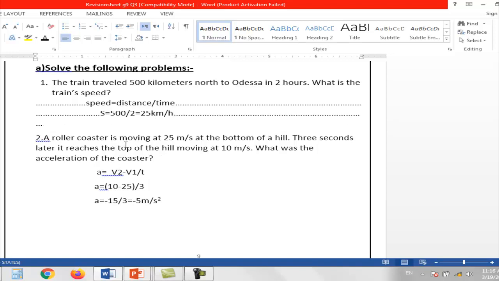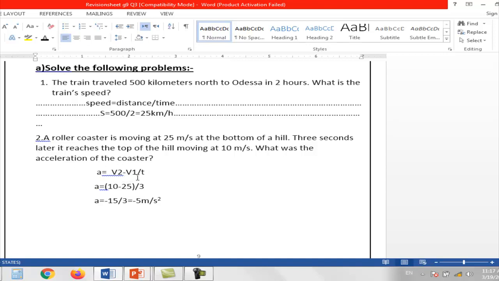Here, a roller coaster is moving at 25 meters per second at the bottom of the hill. 3 seconds later, it reached the top of the hill, moving at 10 meters per second. What was the acceleration of the coaster? A equals V2 minus V1 divided by t.